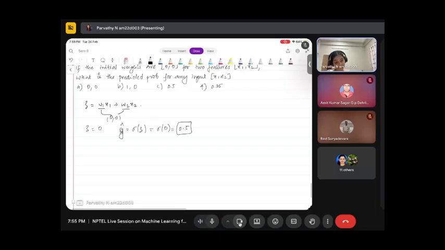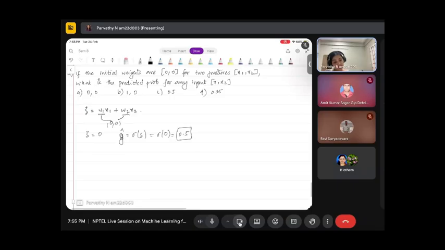Yeah, but bias is not mentioned. It has mentioned there are two inputs x1, x2 and weights 0, 0. So in that case, it is 0.5.